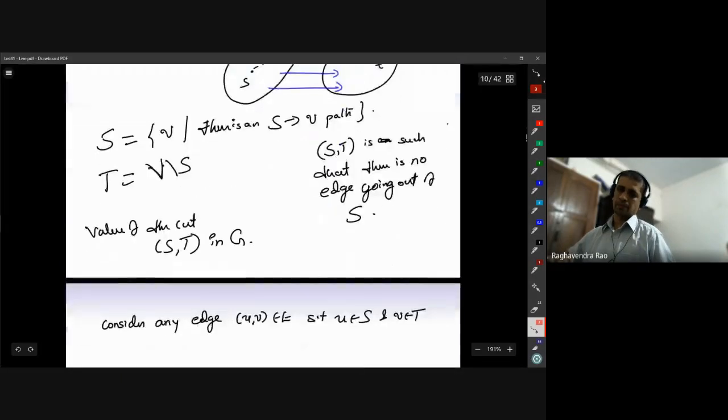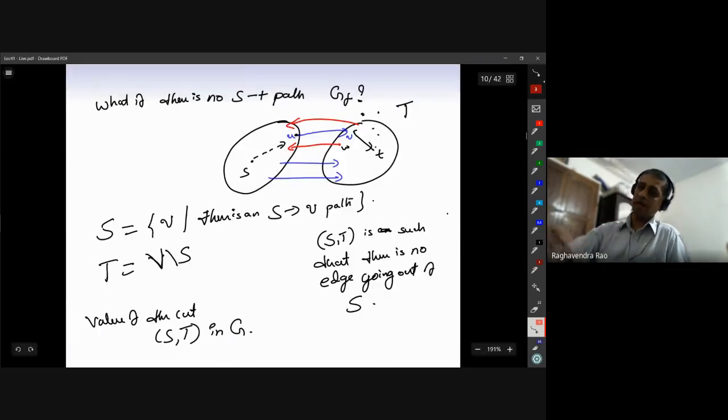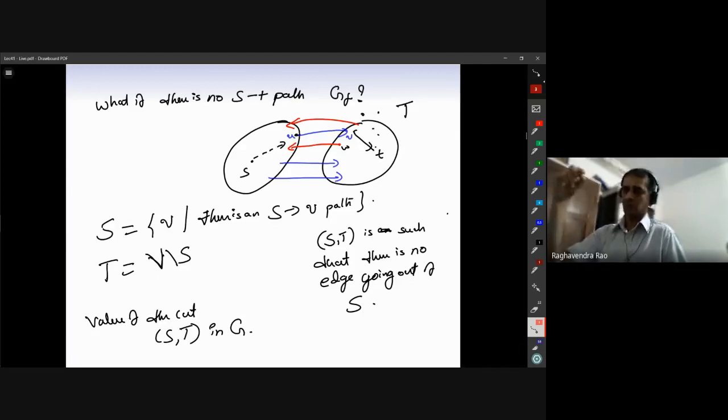So if you look at the definition, right? So how did we define the residual capacity CF? For edges which were in the original graph, the residual capacity is defined as capacity minus the flow assignment. The only reason this edge was not present in the graph GF is because the capacity matched the flow.